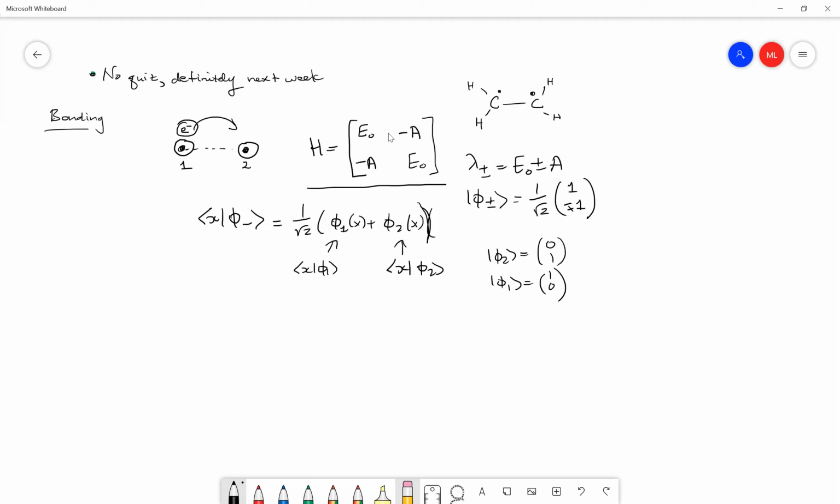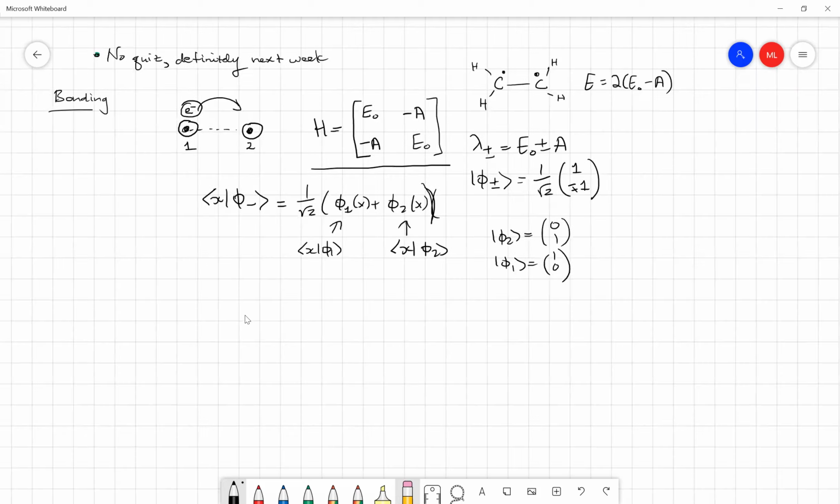So that's the model, and we're generalizing it now to an arbitrary ring. And so the energy here of this ethylene guy, there's 2 electrons that we need to put, so both of them can sit in that ground state, the phi minus ground state.